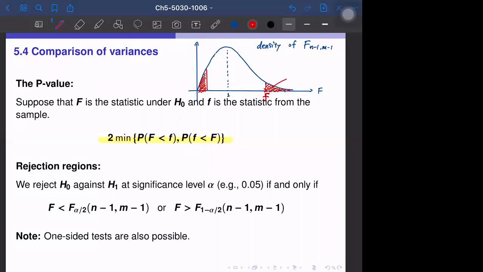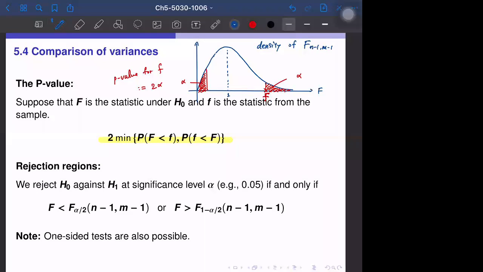So if this area is alpha, then we also consider the opposite tail, and the p-value for this F statistic is equal to 2 alpha. That is our definition of p-value. So the rejection region is both sides of this F distribution.